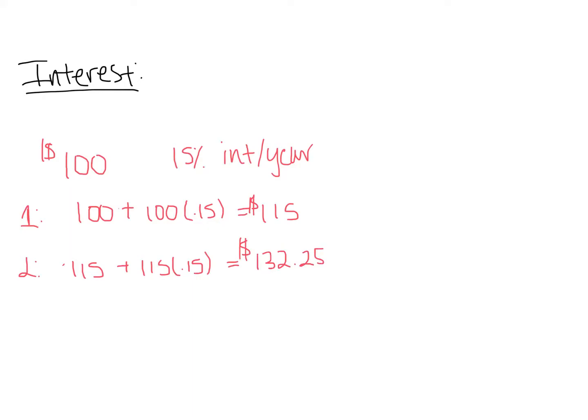Okay. Now notice that the first time you added $15. And then the second year, your 15% was worth $17.25, right? So this should make sense. Pause the video and make sure you understand why it makes sense. Explain it to yourself. And the analogy I always use is if you have two pies, here's the first pie, and here's the second pie.